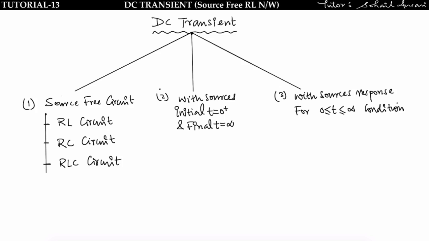I divided the DC transient into three categories. The first one is the source free circuit. In all source free circuits, the inductor and capacitor will lose their stored energy to the resistor, so at steady state the energy present in the network will be equal to 0. In all source free circuits, for t less than 0 the network is at steady state, and we remove the source voltage, that is the input voltage, at t equal to 0.